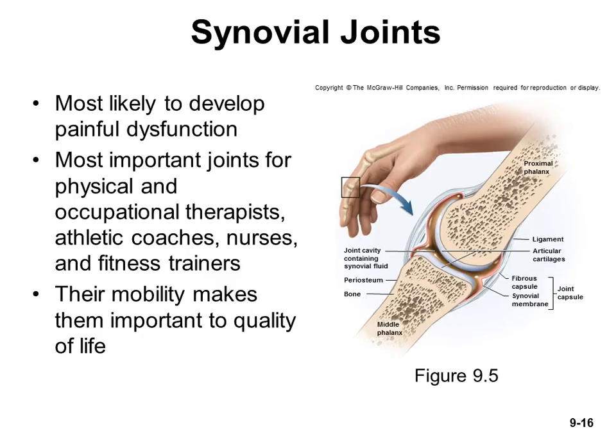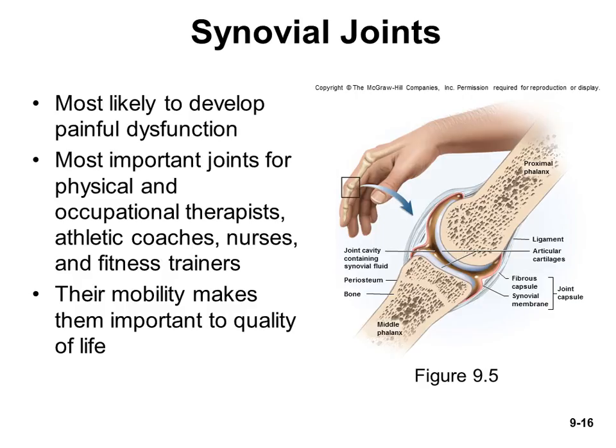They are the most important joints for such professionals as PT and OT, athletic coaches, nurses, and fitness trainers to understand well. You will understand them well in here, or you will come back to see yours truly.